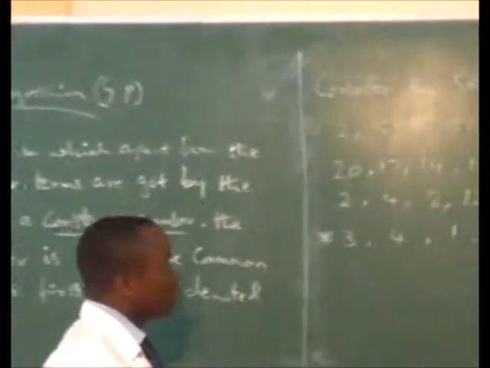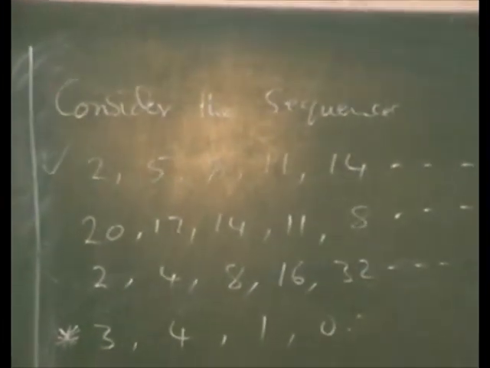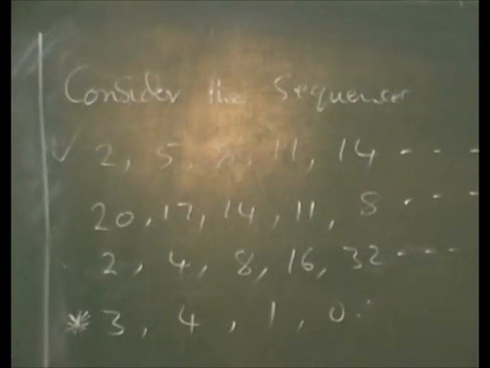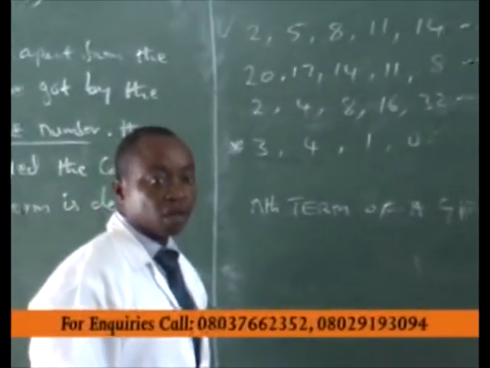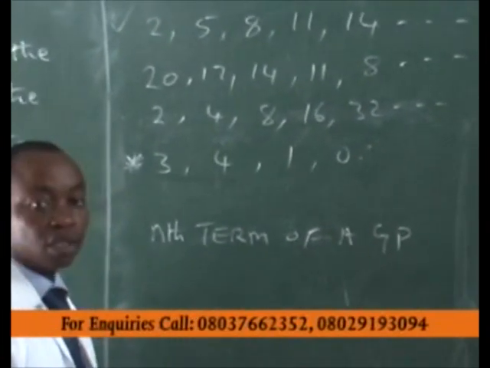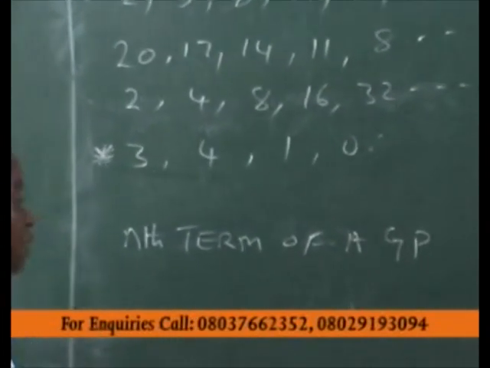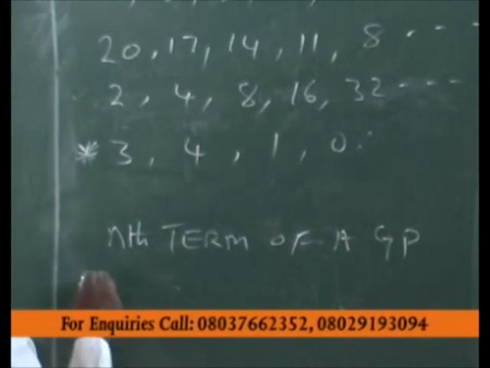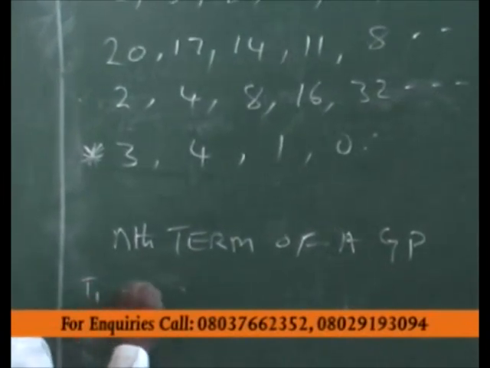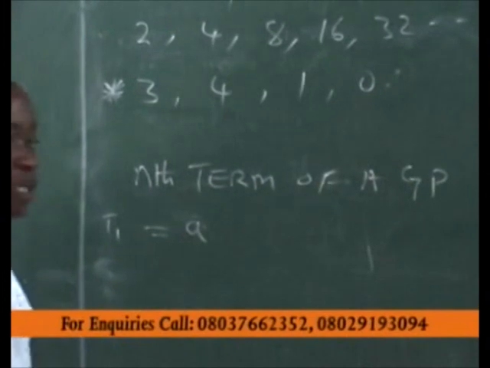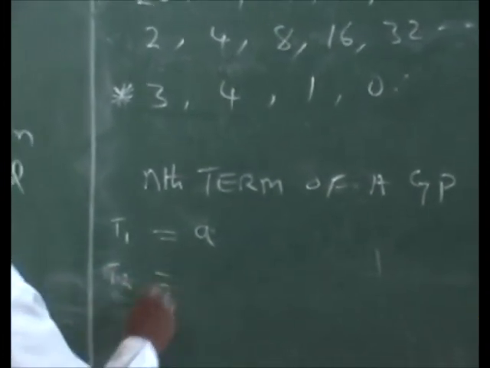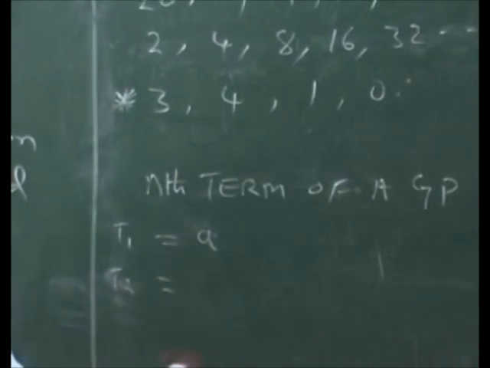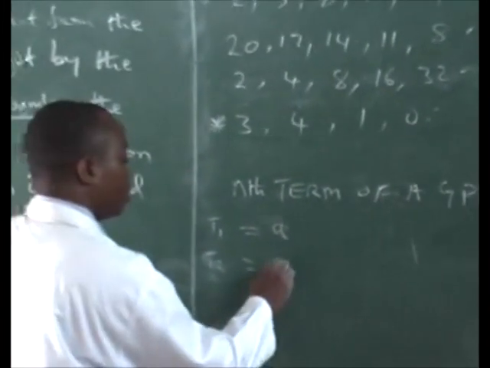And also, what about series of geometry is the addition of the terms. Let's look at the nth term of a GP. We have said that the first term of a GP is denoted by A. So the second term, how are we going to get it? We say A times the common ratio, and that will be AR.